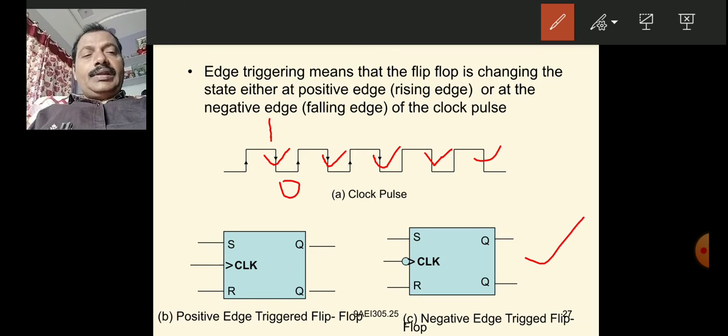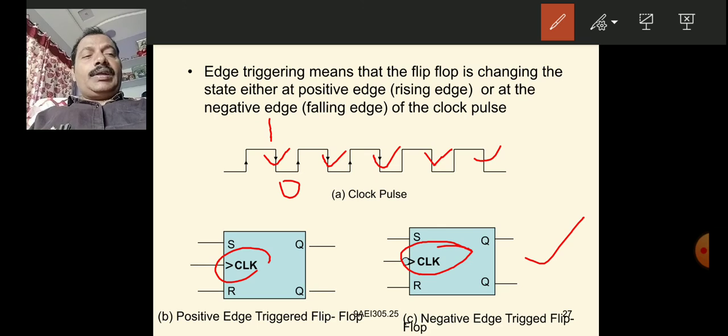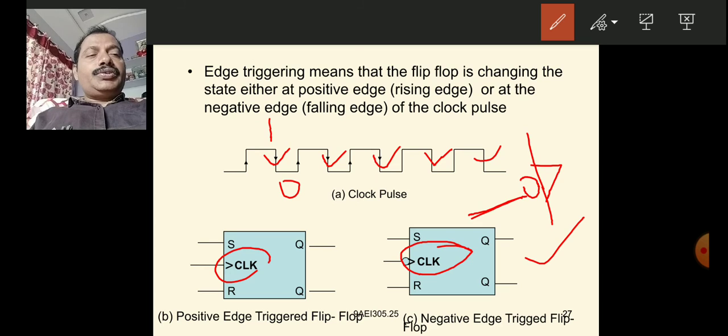If you observe here, a bubble and an arrow mark are both there, but in the positive edge case there is only an arrow mark. Here there is an arrow mark and a bubble also. This is the clock input. This is a negative edge triggering flip-flop.